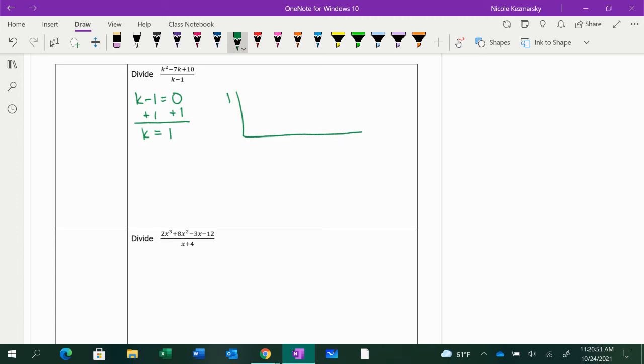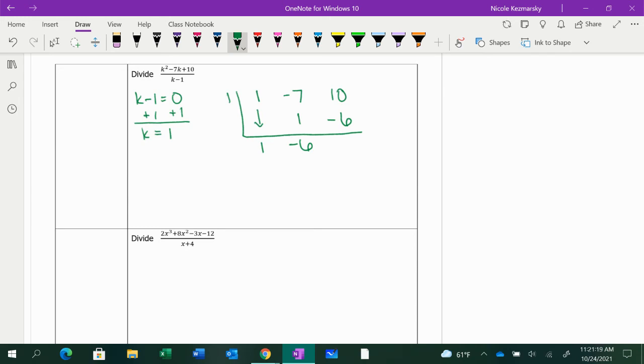The coefficients go in the top, so I'm going to say 1k squared minus 7k plus 10. The first number gets carried down, and then I multiply. 1 times 1 is 1. Negative 7 plus 1 is negative 6. Outside the box, we multiply, so negative 6 times 1 is negative 6.